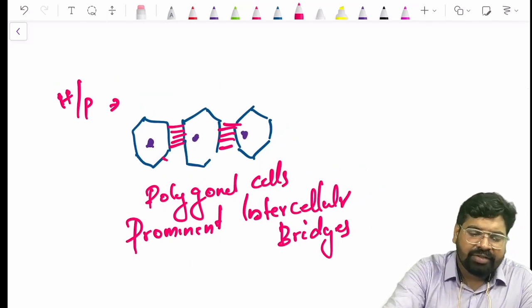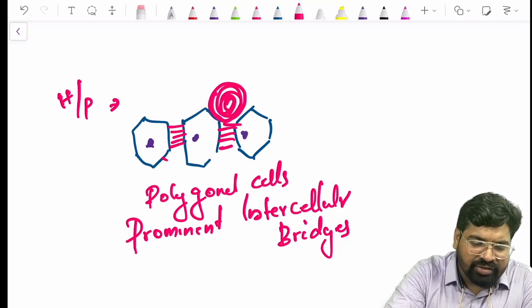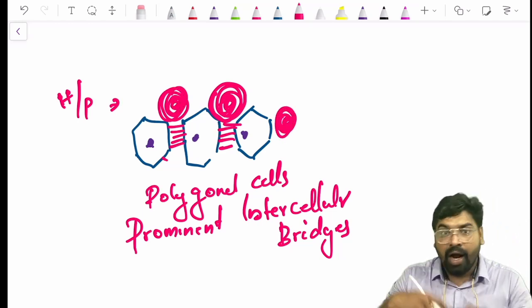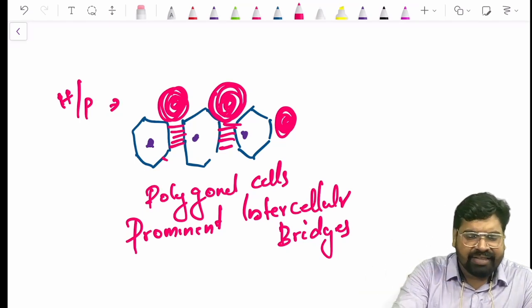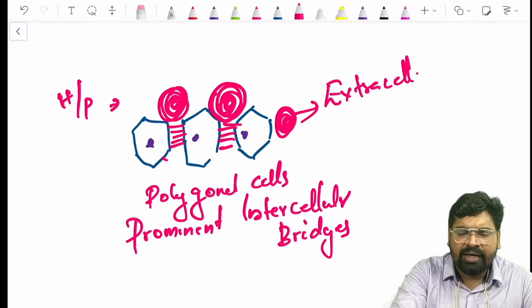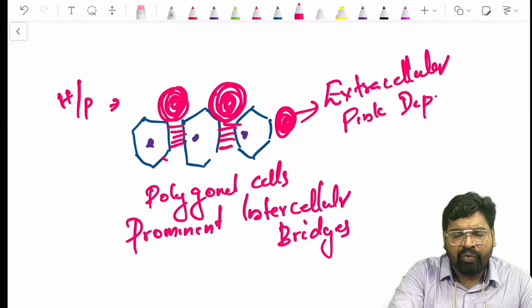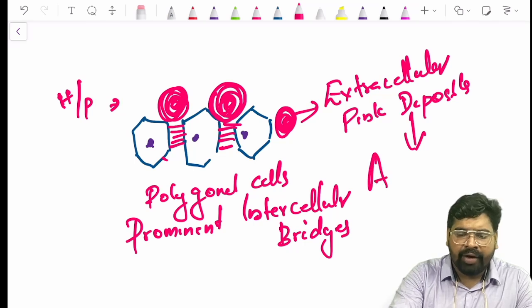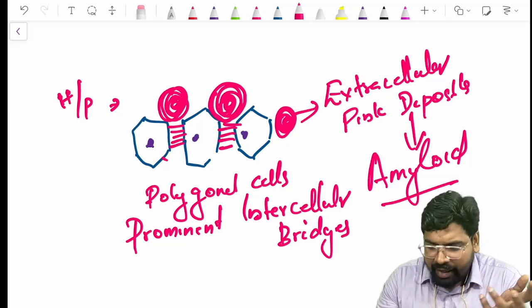Along with these intercellular bridges, outside the cell, not inside, you can see some pink deposits, extracellular eosinophilic deposits. What are these deposits? They are amyloid. So amyloid deposits are seen as pink colored deposits.